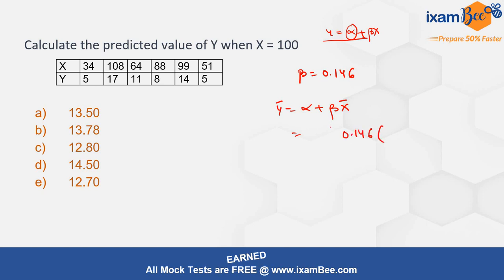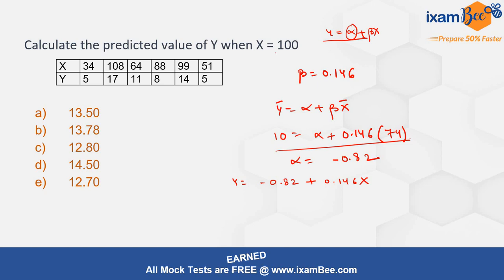X bar we calculated earlier, which was 74, and alpha we need to find out, and y bar was 10. So you solve this equation and get the value of alpha. Alpha is going to be minus 0.82. Now my regression equation becomes y is equal to minus 0.82 plus 0.146x. This is my regression equation.